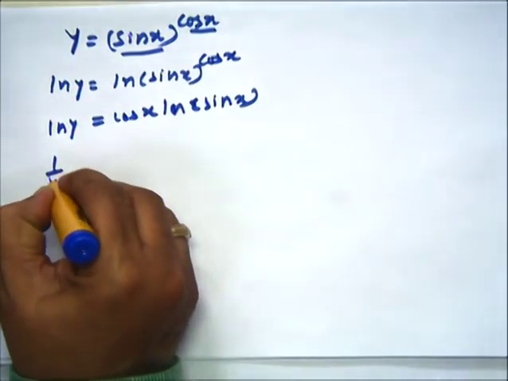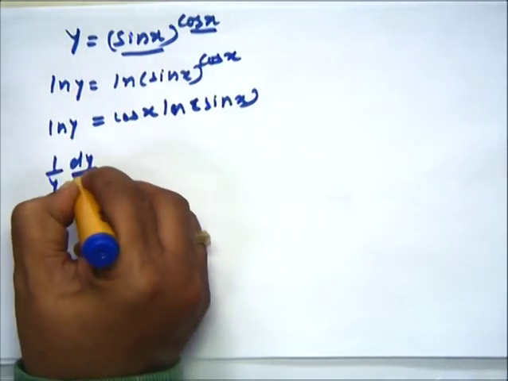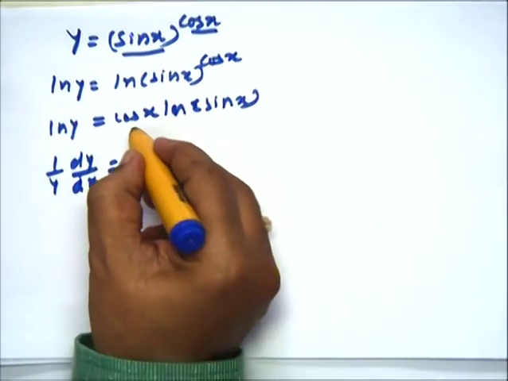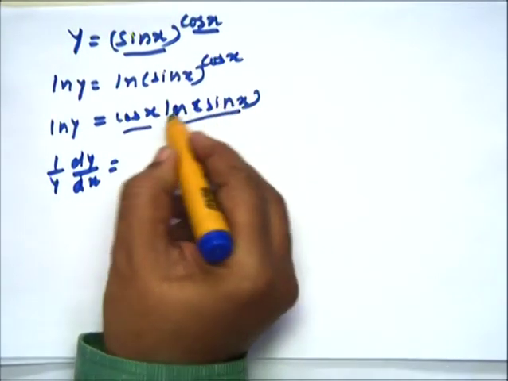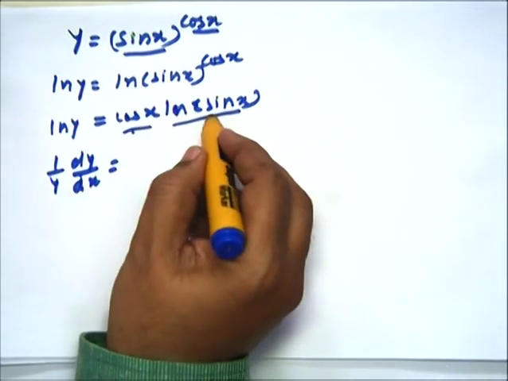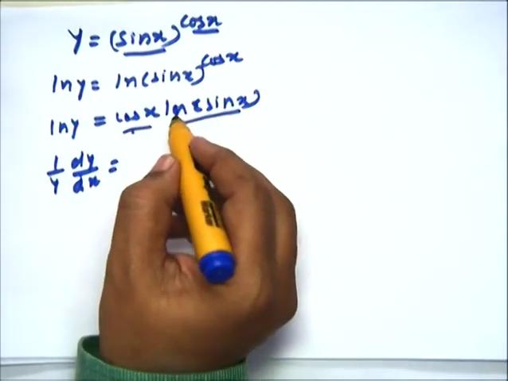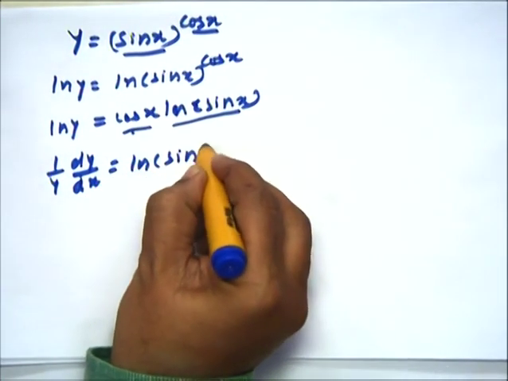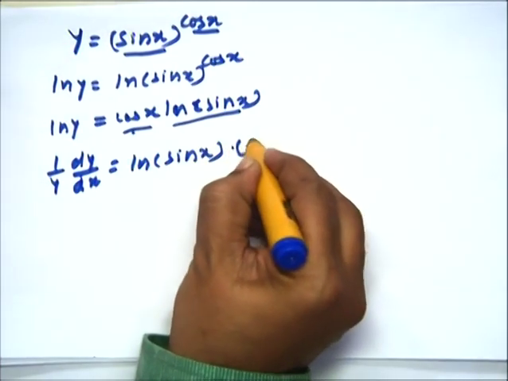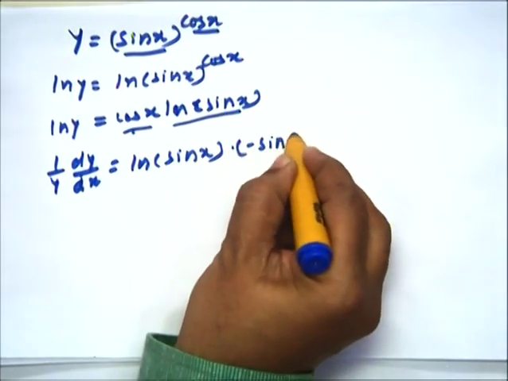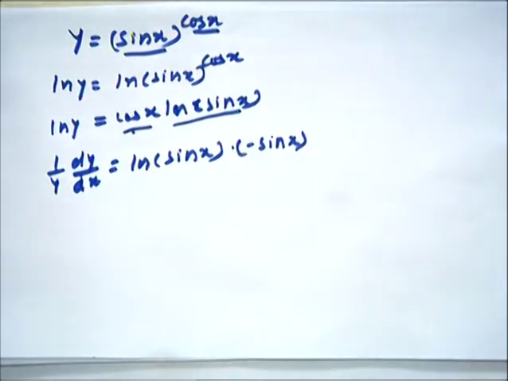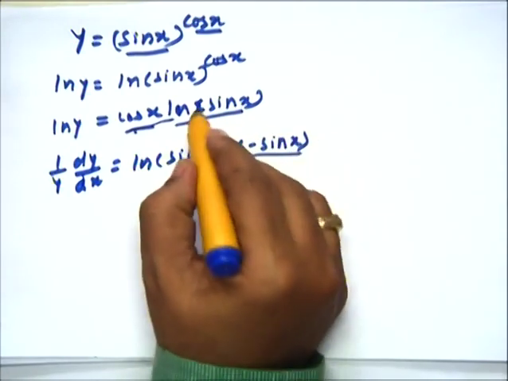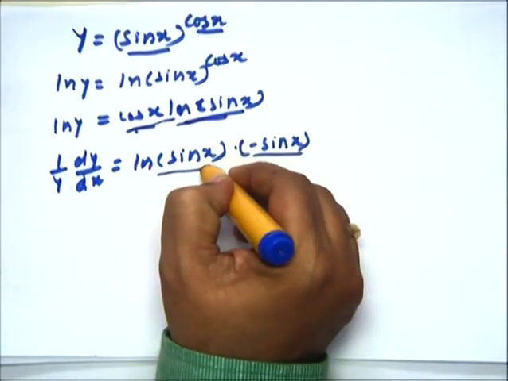So we have 1 upon y dy by dx, as we have discussed earlier, and this is a product of two functions. One is cos x and another is log sin x. So first log sin x we keep as it is, into the derivative of cos x, that is minus sin x. So we have taken the derivative of cos x here, and this function we have kept as it is.